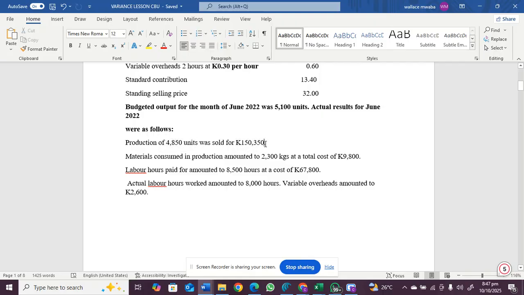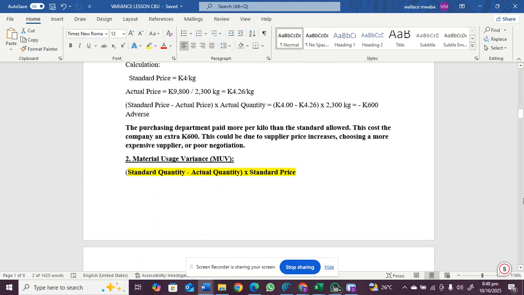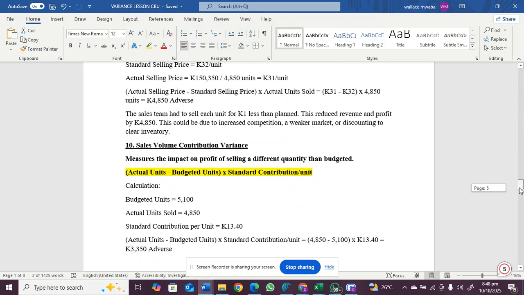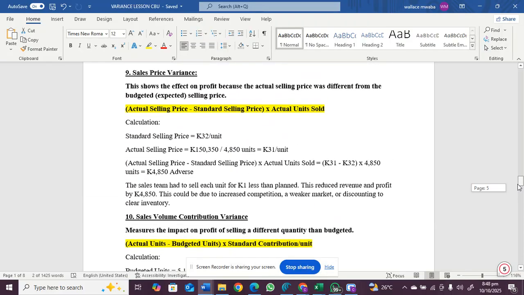So this was the total revenue. We divide it by 4,850 to find our selling price. 150,350 divided by 4,850, we get 31 kwacha per unit.